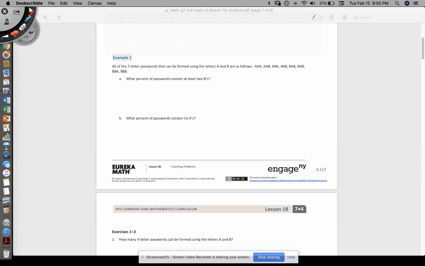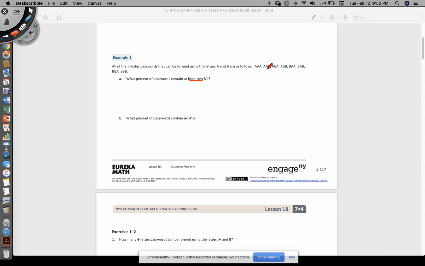Example 1 says, all of the 3-letter passwords that can be formed using the letters A and B are as follows: AAA, AAB, ABA, ABB, BAA, BAB, BBA, and BBB. Notice none of them repeated the exact same order. This first question says, what's the percent of passwords that contain at least 2 B's?